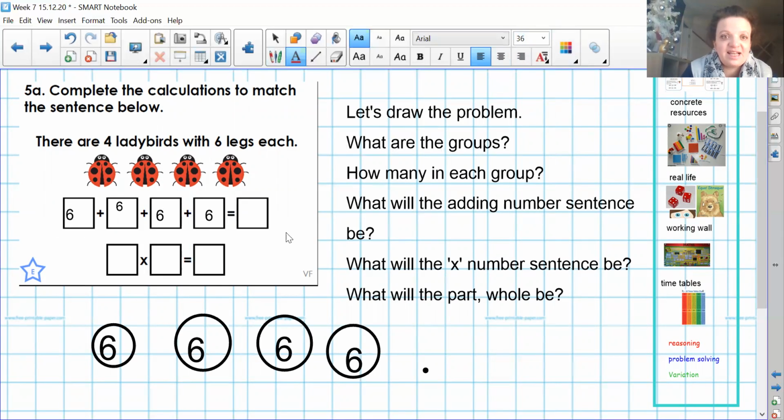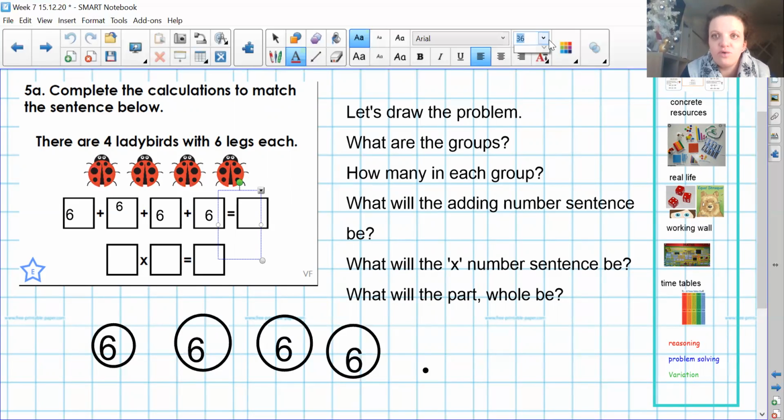So we've got 6, add 6, add 6. So what does that equal altogether? Well, we can either count in our 6s if we know how to do that, or we can use the legs to help us. I know that this one is 6, so I'm going to carry on from here. 7, 8, 9, 10, 11, 12, 13, 14, 15, 16, 17, 18, 19, 20, 21, 22, 23, 24.